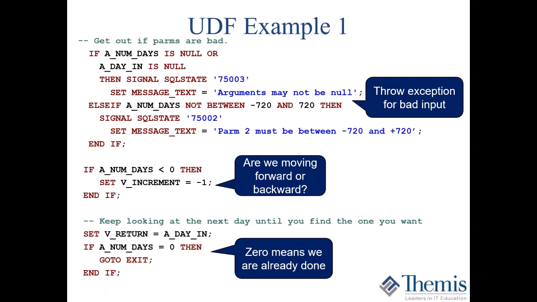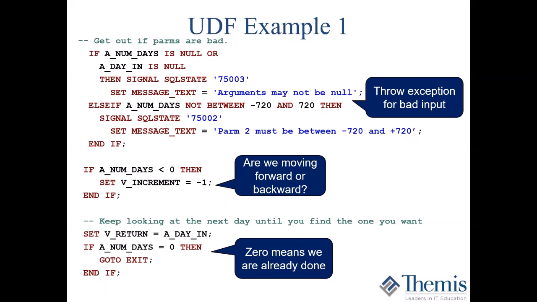It turns out SQL state has a bunch of values reserved for your use. So in my environment, 75003 means arguments may not be null. That signal means make this error happen, throw an exception if you're a Java person, with the message text, your arguments can't be null. Even if I get by that, I'm checking a second thing, another edit.